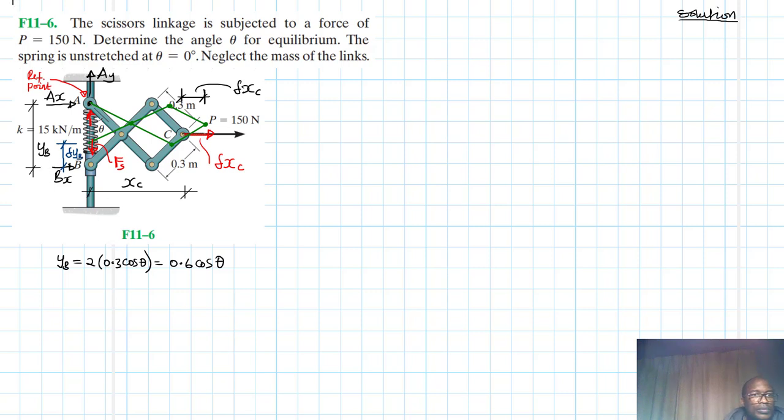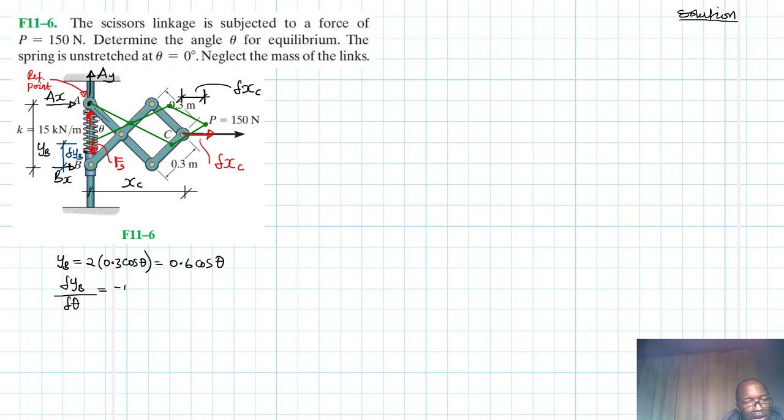Okay, is that fine? So now, taking the derivative, del YB with respect to del theta is going to be equal to, what is the first derivative when I'm taking cos there?